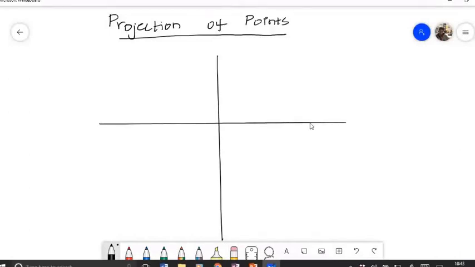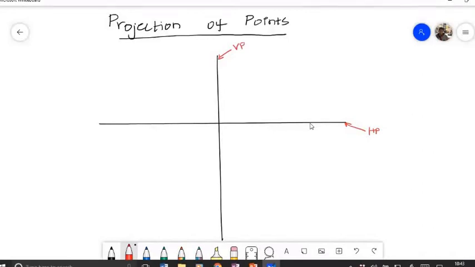This is my four quadrant system, and this will be my horizontal plane, and this will be my vertical plane.